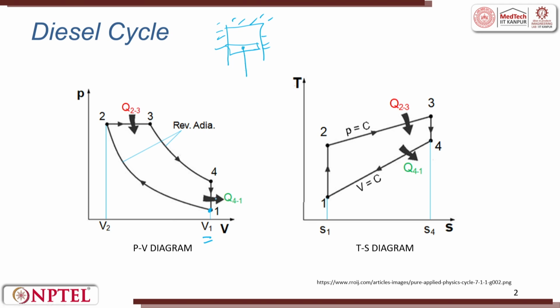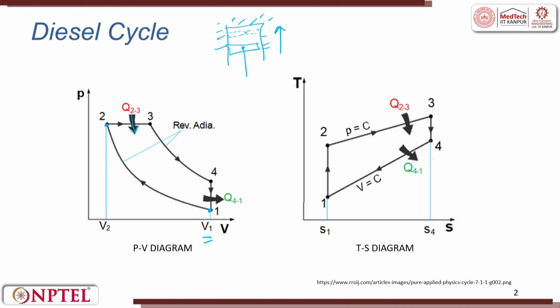So, the volume is reduced from V1 to V2. Once it is reaching the highest value, then there is a Q which is introduced, and we make sure the pressure is constant. So now the piston is at its maximum position.